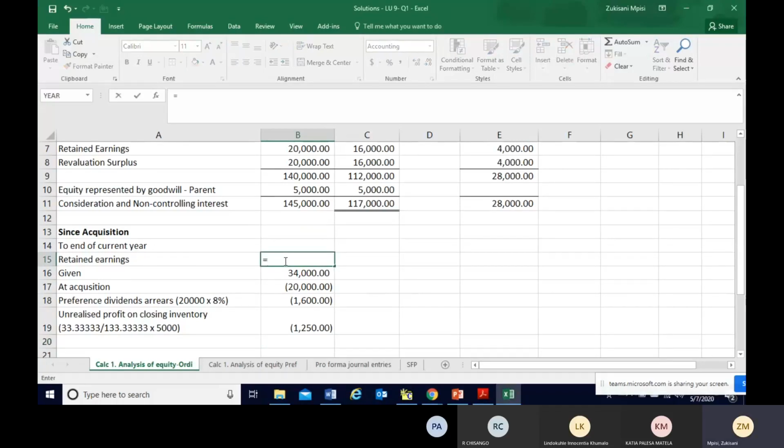So this becomes the sum of everything that has been calculated here.